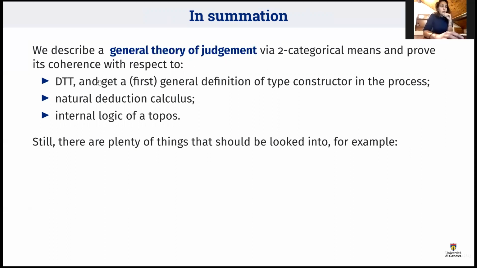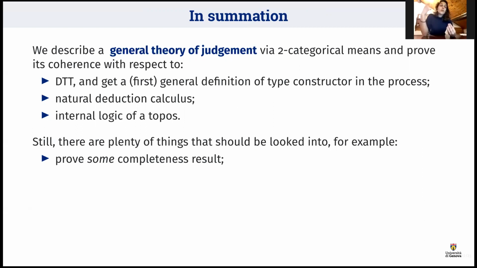I already showed you briefly the first part, of course, but you can kind of guess how the rest works. It's just diagrams. There's a lot to do, actually, but I believe, for example, we proved some coherence results, meaning that we can code into the judgmental theory whatever rules one wishes to have in the deductive system I mentioned.